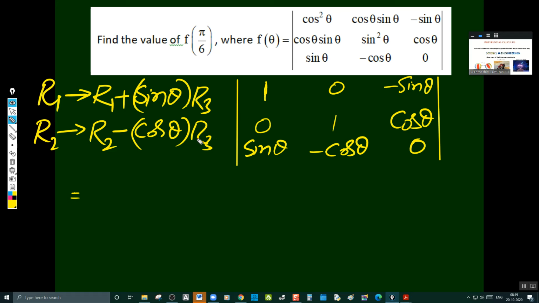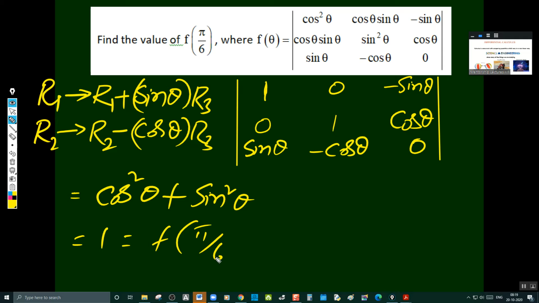It will be cos square theta into 0, minus sine theta into minus sine theta, plus sine square theta. So it is a constant function. So it is f of pi by 6.